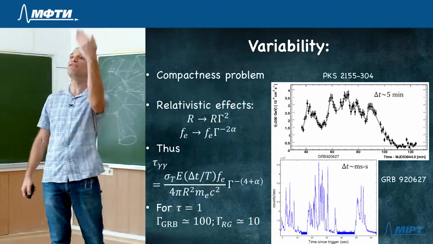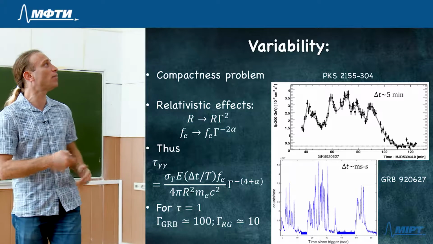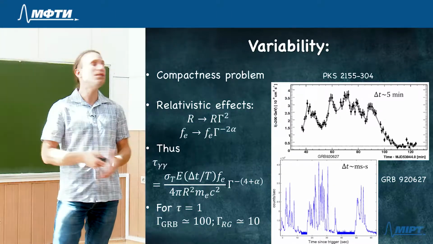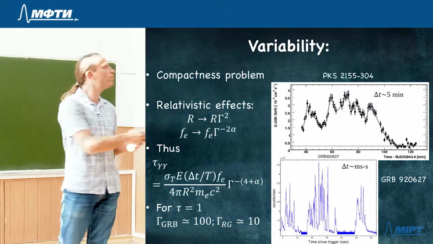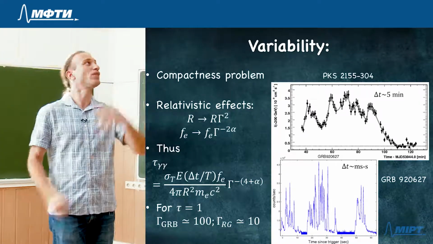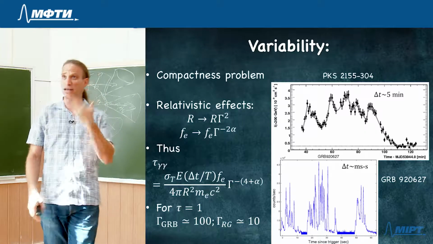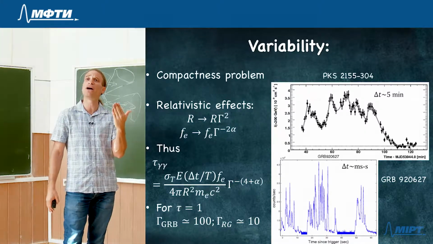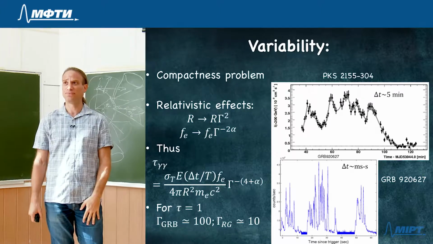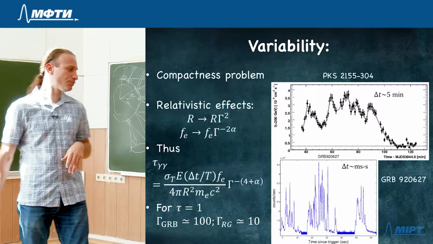So if I watch MeV photons in a gamma ray burst, and I see variability of about a millisecond, it means that the Lorentz factor of the motion of the blob, of the jet, is about 100. Within these quasars, the Lorentz factor that we derive is about 10. So these are very, very relativistic objects.